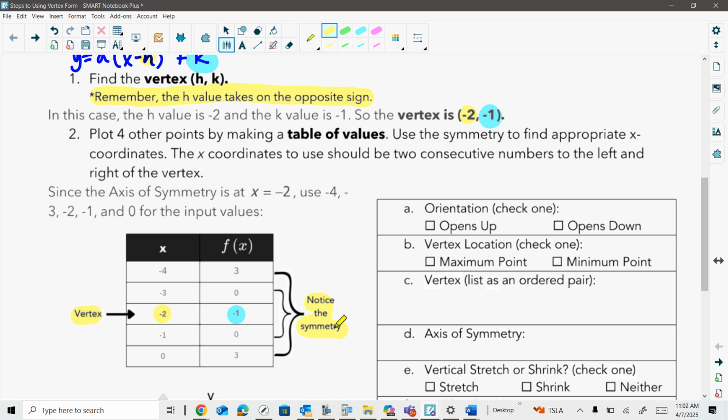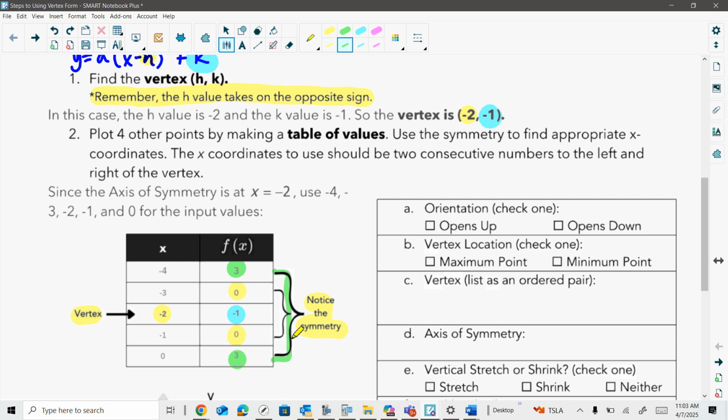What they want you to notice is that if I look at my points, this is 2 consecutive after and 2 before. And if I look here, there's 0 and 0. They're the same above and below. Then we have 3 and 3. The same. This is showing same here. Okay, do we see the symmetry?